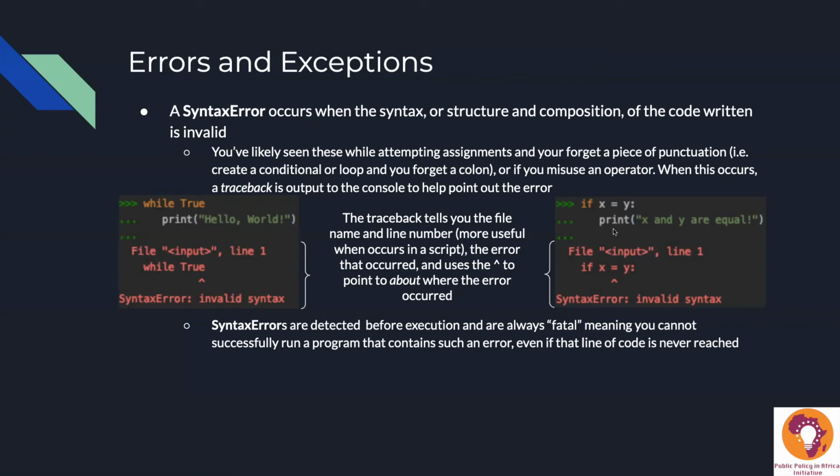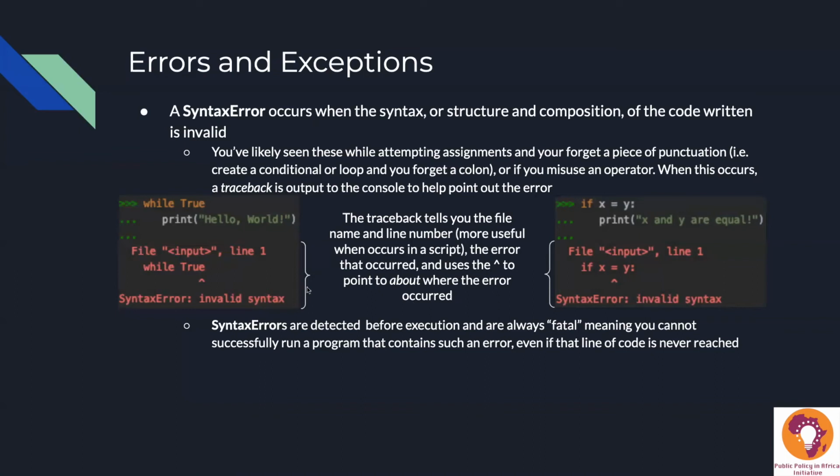But in this case, because I'm just using the REPL environment, it just says file input, and it's line 1 because this was the first line in my REPL environment. And then the error that occurred. Down here, we see that the error that occurred is a syntax error, and there's a message after that saying that I have invalid syntax.